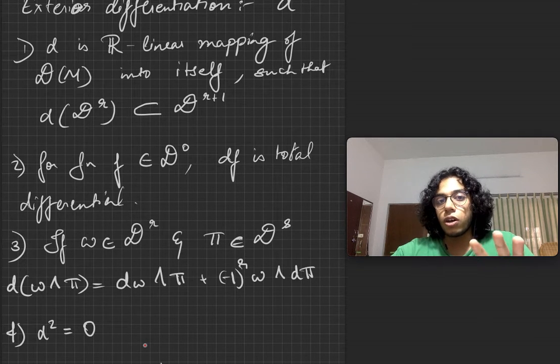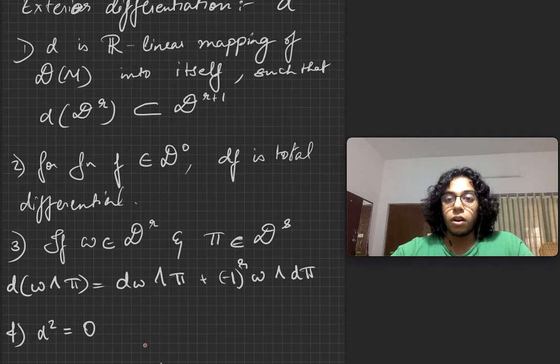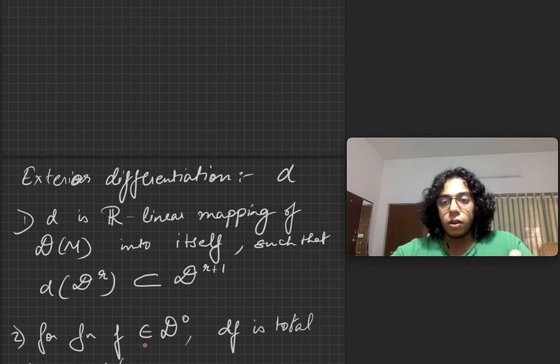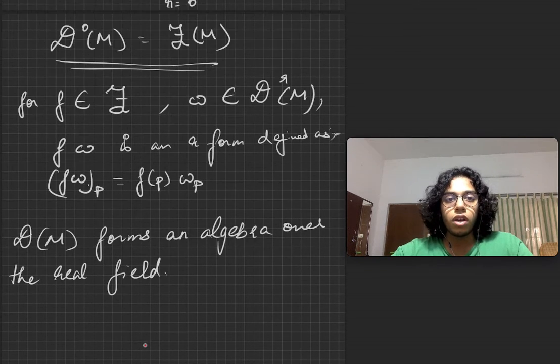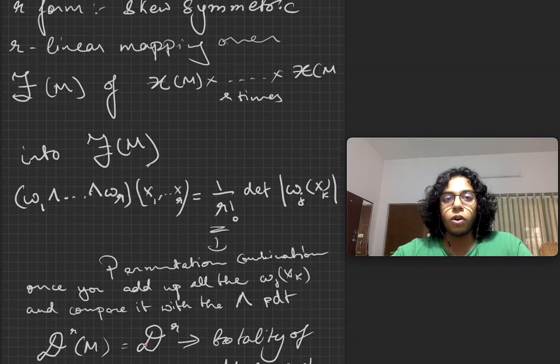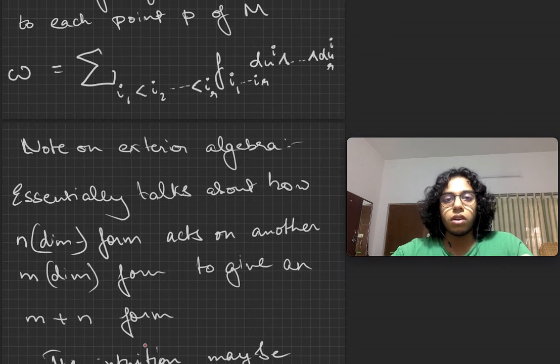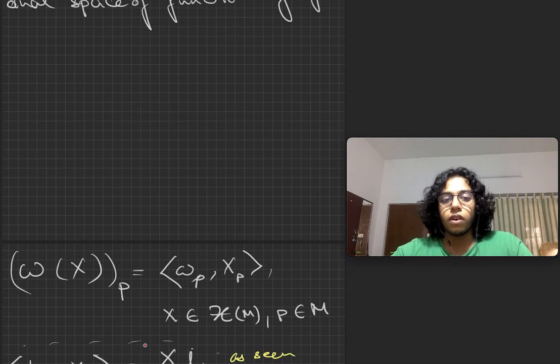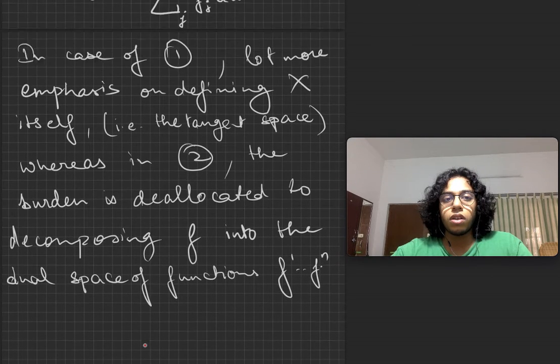This needs a lot more clarification, because the kind of proofs, structure and beauty represented by this whole exterior algebra is very interesting, and this definitely needs a lot more intuition, and we will do that soon enough. Then we also had this discussion of your space of R forms, and the algebra of your R forms.